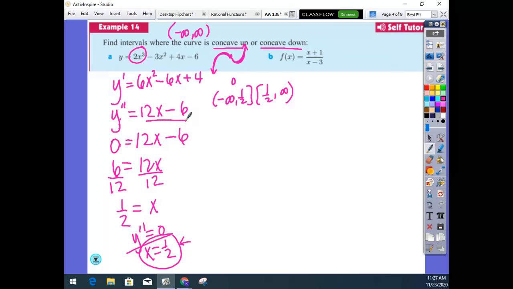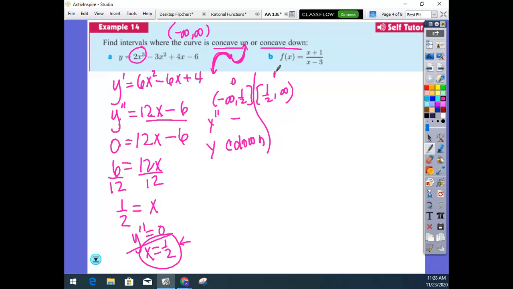We're going to plug that into my second derivative. So if I plug 0 in for x, 12 times 0 minus 6, that's negative. The second derivative is negative, then I know that y is concave down, which is what I expected to find for that first part.